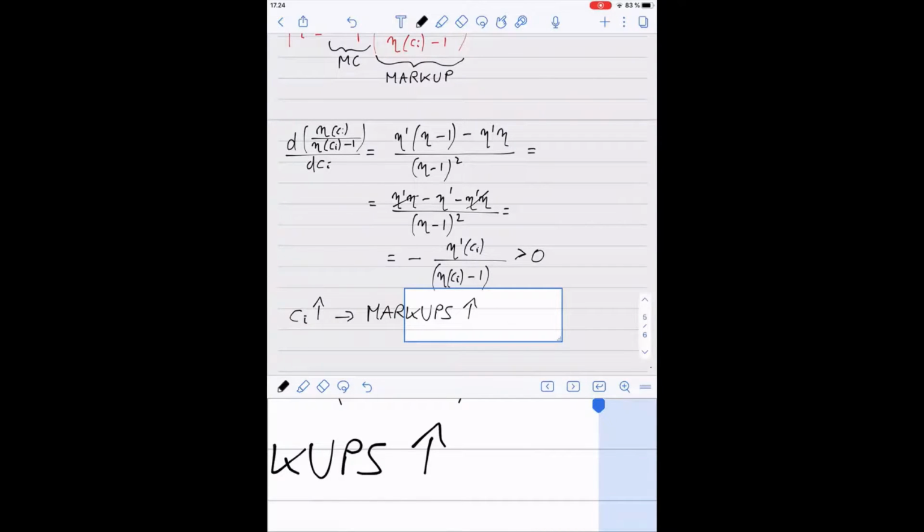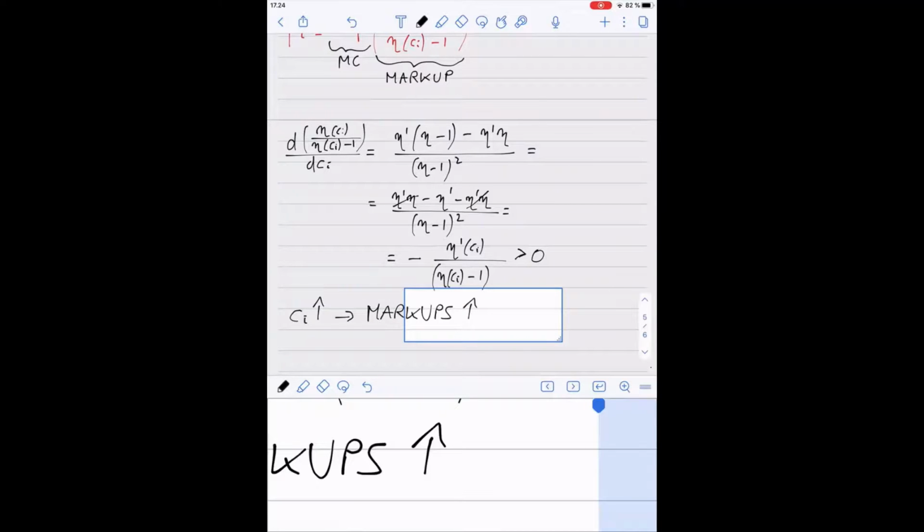But this should give you some intuition as to why we assume that eta prime is less than 0. Basically, what we have in this model is that firms that produce more charge higher markups. And that is because by producing more, the demand elasticity they face declines. Consumers are less sensitive to the price of products that they purchase a lot, and therefore firms can charge higher markups.